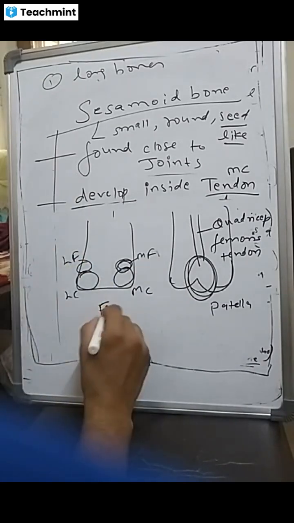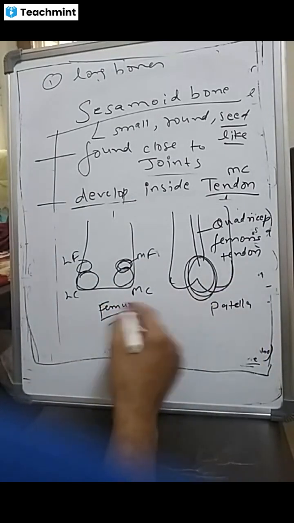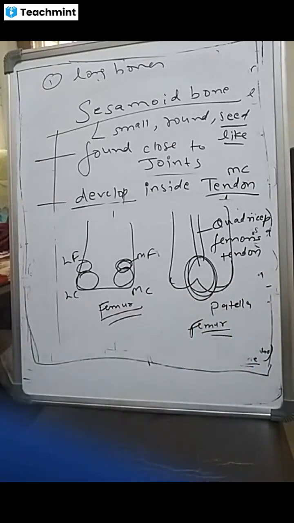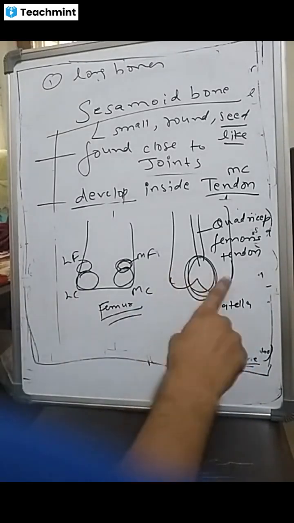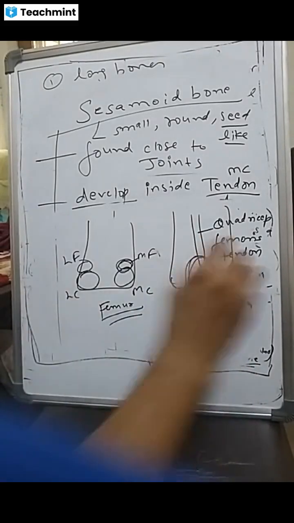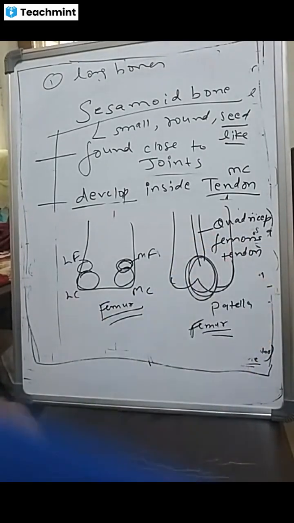So this is the posterior side of the femur, and this is the anterior or cranial aspect of the femur, where the trochlea is and the patella is sitting. Which muscle is related here? Quadriceps femoris.